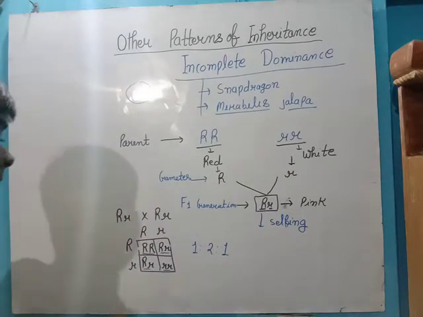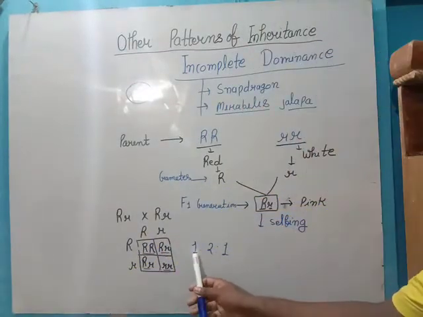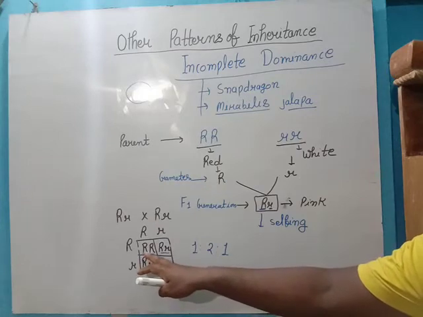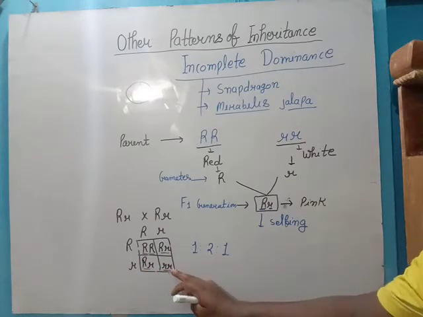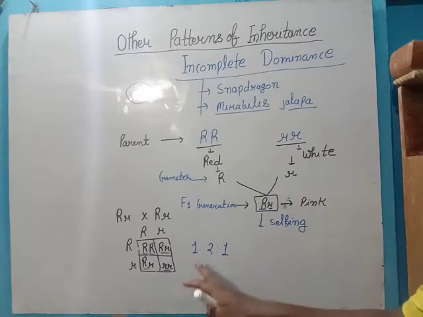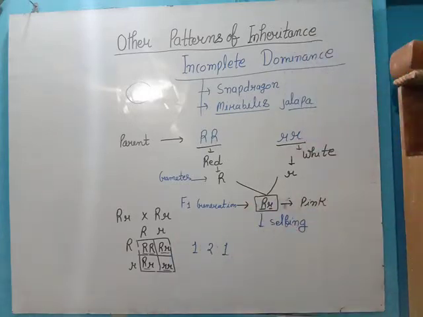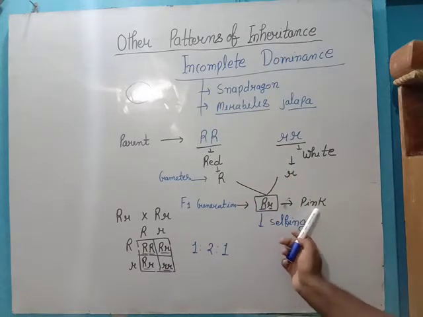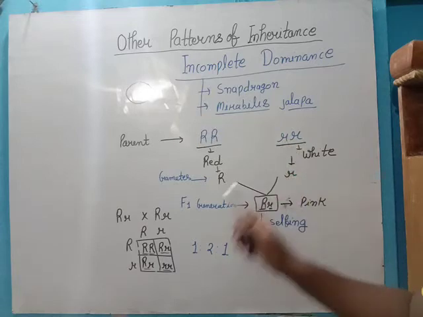What are we observing here? We are observing the genotypic ratio, that is 1 this one, 2 this one, and 1 this one. So what is the genotypic ratio? 1:2:1. When we observe the phenotypic ratio, red is 1, pink is 2, and white is 1.